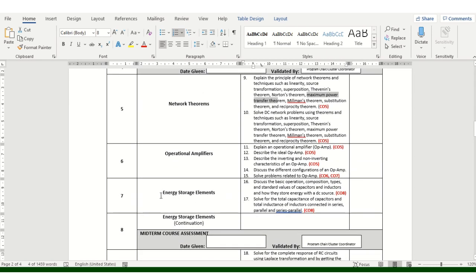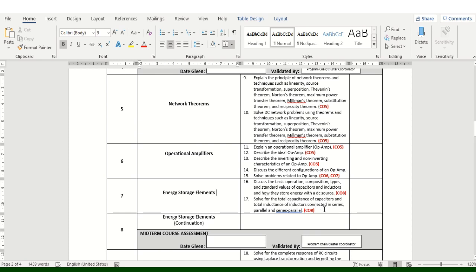Now in week seven, we look into other circuit elements like inductors and capacitors. We call these energy storage elements, and we'll cover first how these devices are constructed, what their behavior is, and how they store electrical energy.